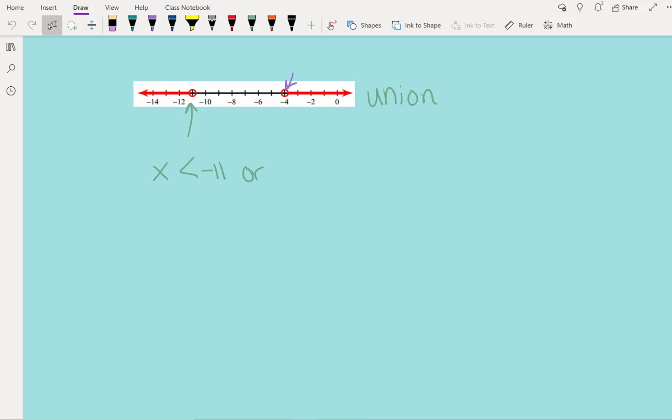Again, here I've got an open circle, but this time it's greater than. We have to use the same variable. So, or x is greater than negative 4. And that's going to be our answer, right? So if we're given the graph and we're asked to actually create the scenario, this is all that it's looking for. Let's look at another one.